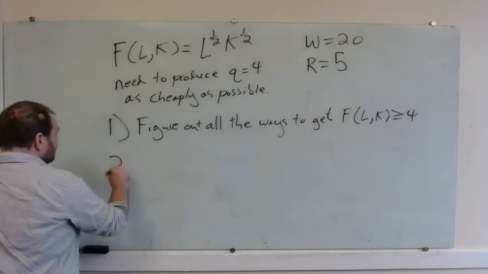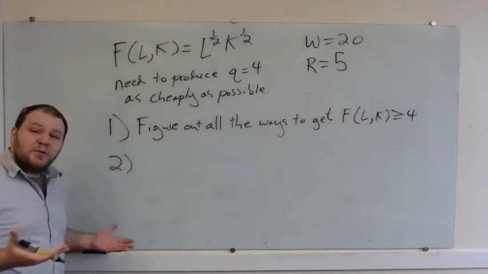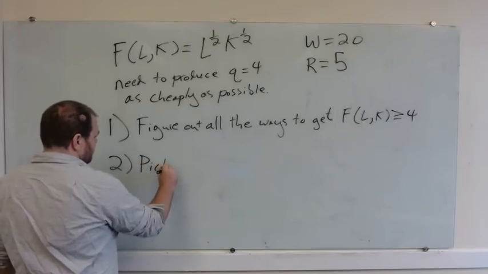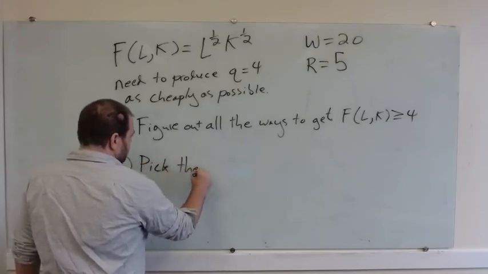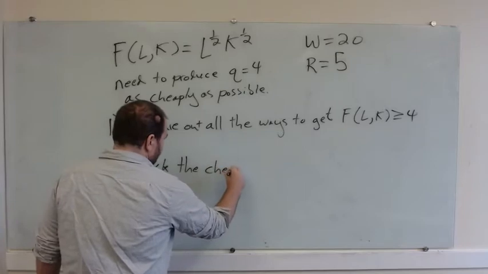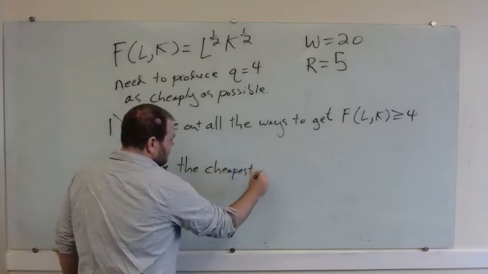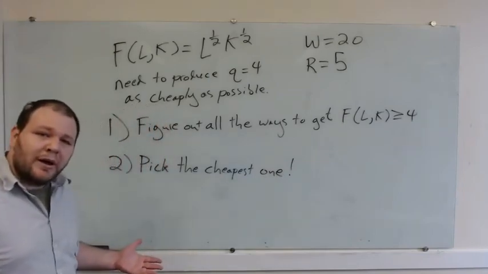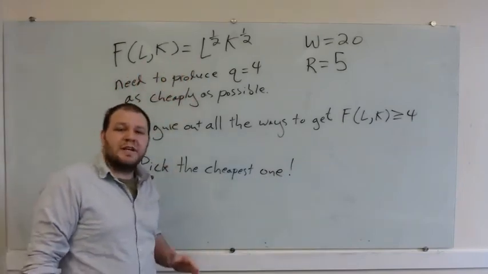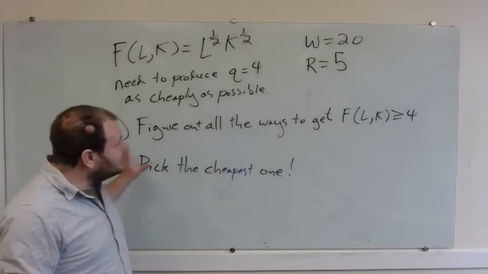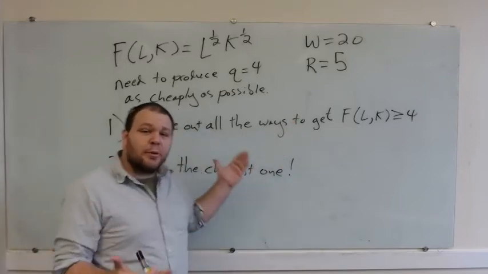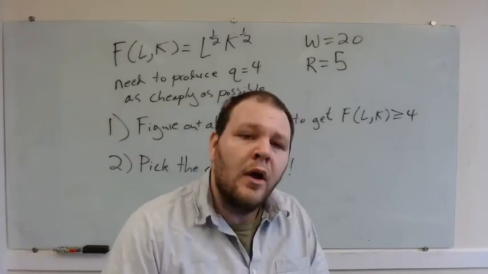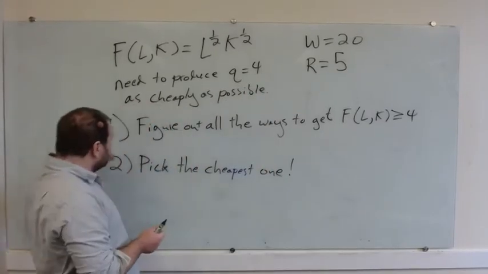And then second, pick the cheapest one, pick the cheapest option. Seems straightforward enough. We want to figure out how to produce 4 tons of potatoes as cheaply as possible. Let's just look at the set of options that will produce 4 tons of potatoes, pick the one that costs the least.